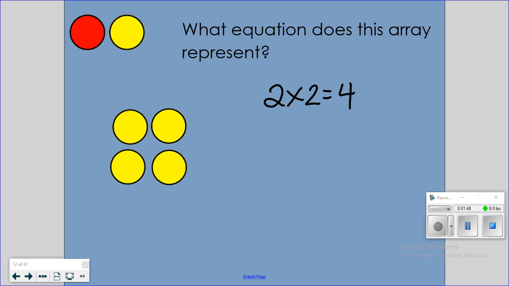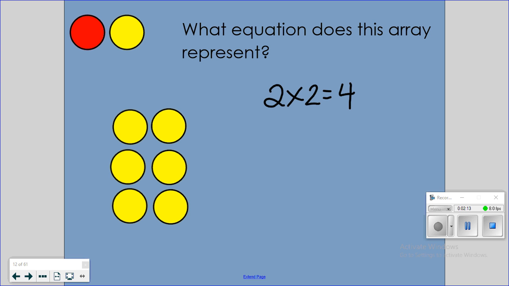Alright, what's going to happen to my equation though? If I add 2 more, what do I have now? I had 2 groups of 2, but what's now going on? Bella?